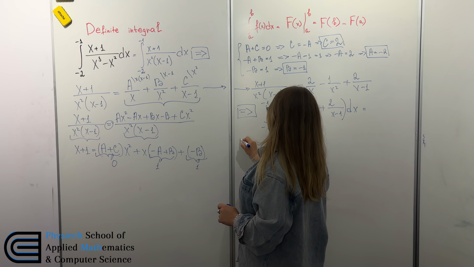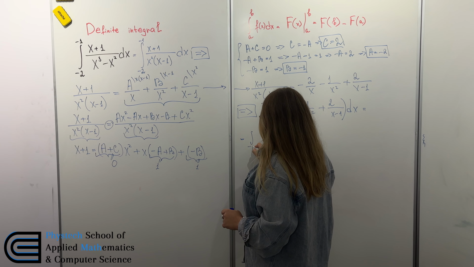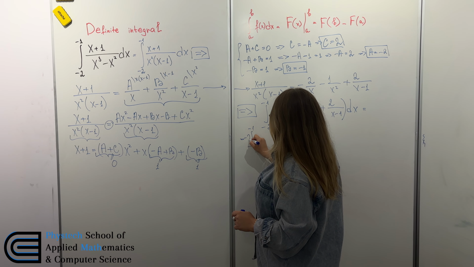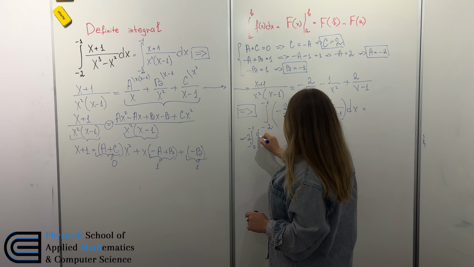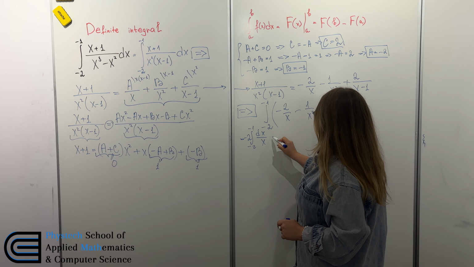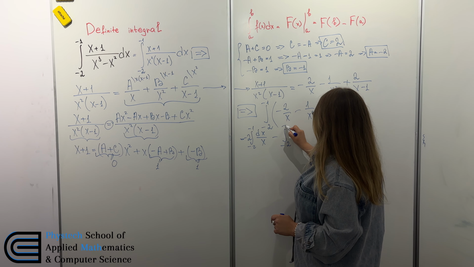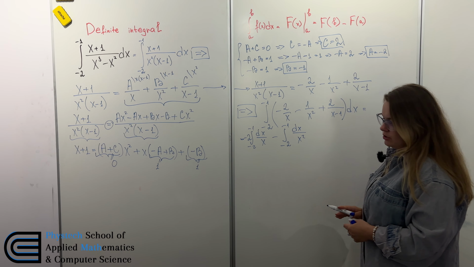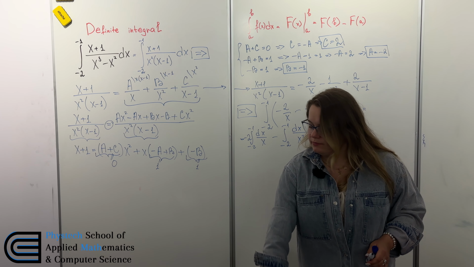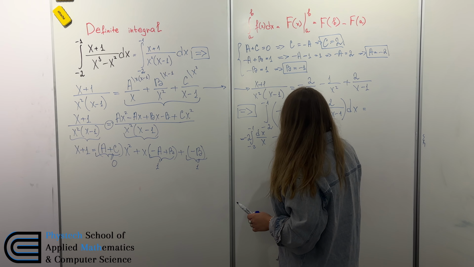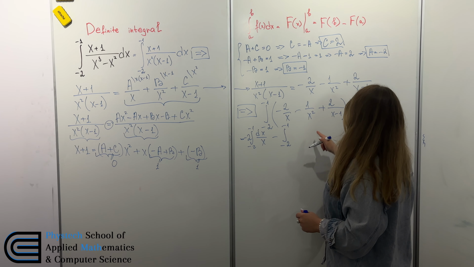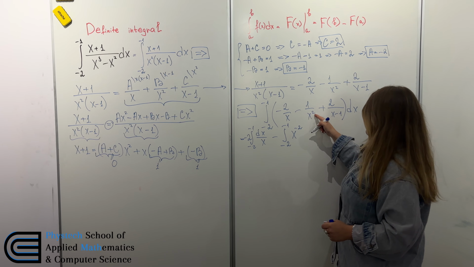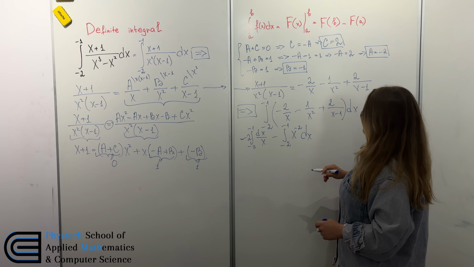I can rewrite it as the integral from -2 to -1 of -2 dx divided by x, minus the integral of dx divided by x squared, or actually it would be better here x to the power of -2 dx.